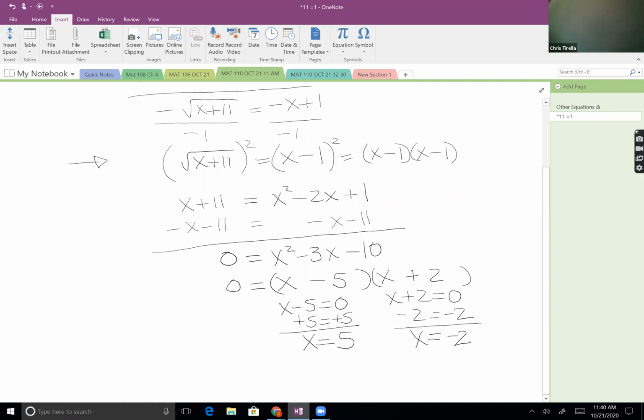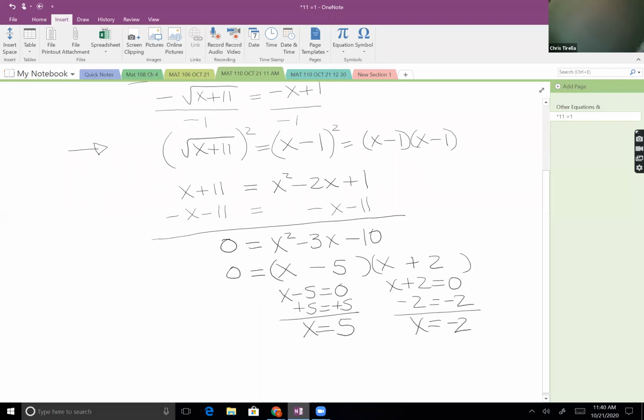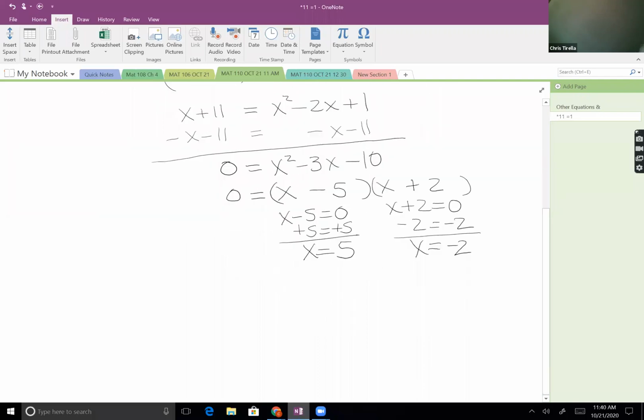And please realize, no matter how confident you are in what you did, we're not positive that they both work. So we want to go back to that original equation, which was x minus the square root of x plus 11 is equal to 1.